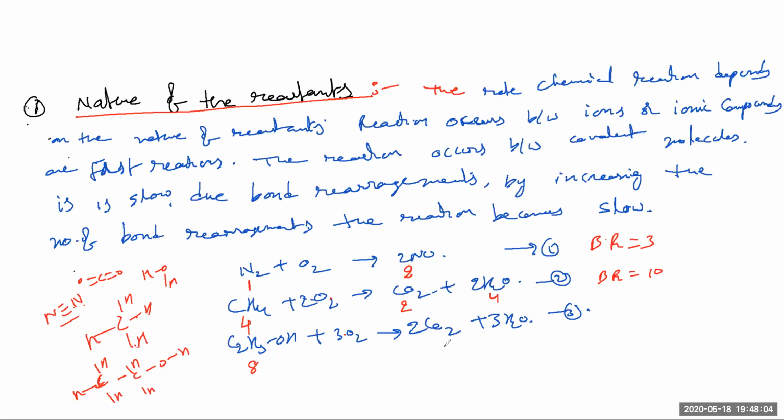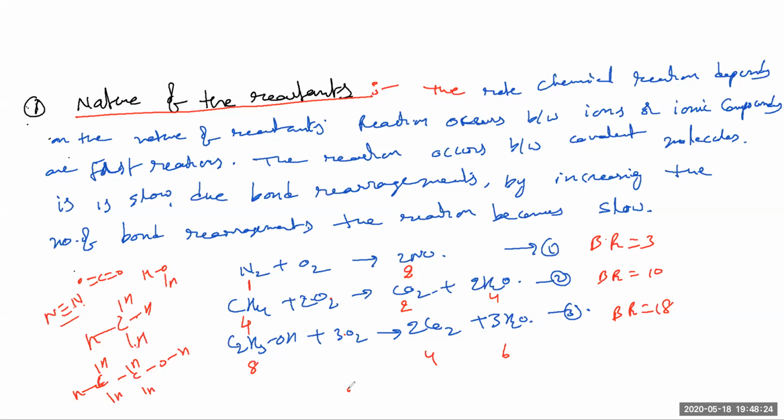And carbon dioxide we already know is 2, but 2 moles means 4. Water molecule 2, 2 into 3 is 6. Total how many bond rearrangements in the third equation? 18.